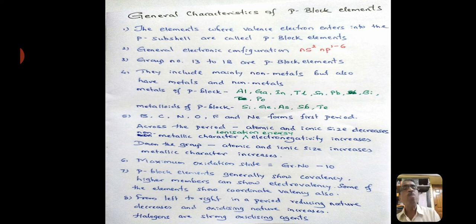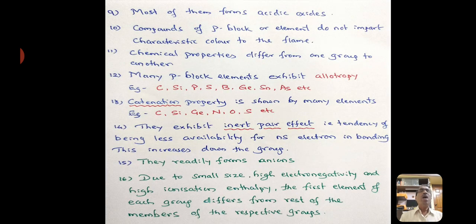When we move from left to right in a period, reducing nature decreases and oxidizing nature increases. Therefore, halogens are strong oxidizing agents. And you have also studied that most of them form acidic oxides. Non-metallic oxides are acidic oxides, and metallic oxides are basic oxides.